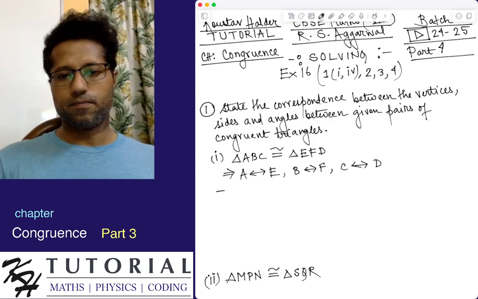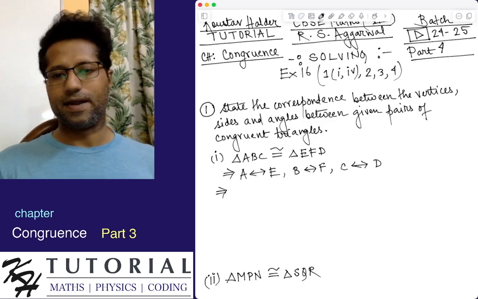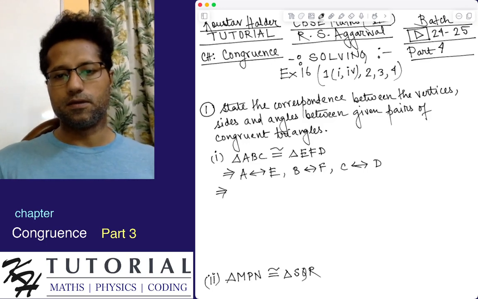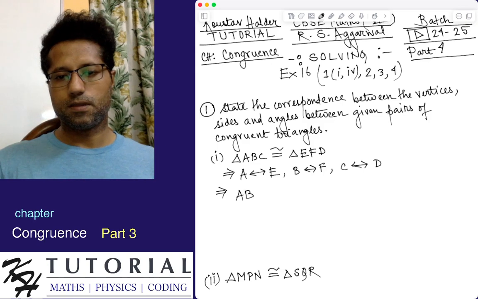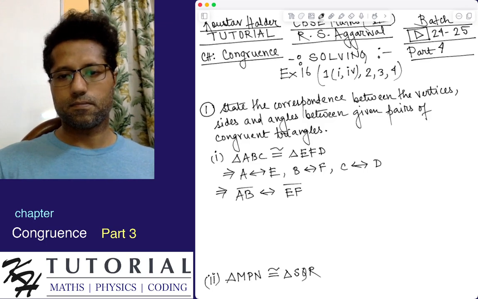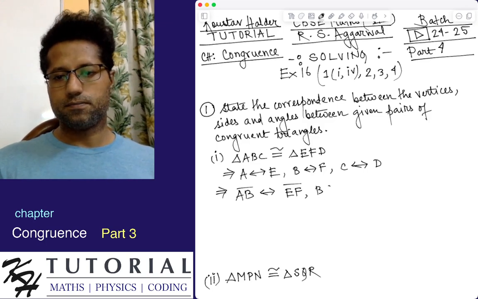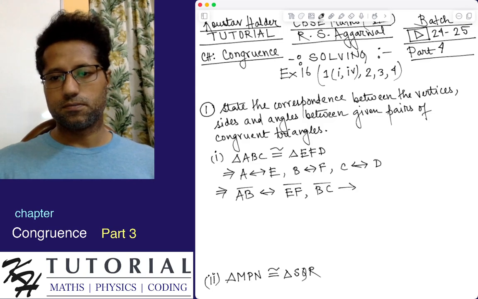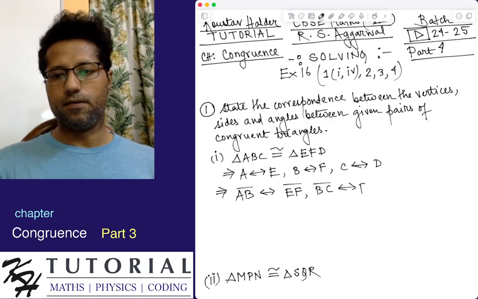This will imply that the side AB corresponds to the side EF, the side BC corresponds to the side FD.